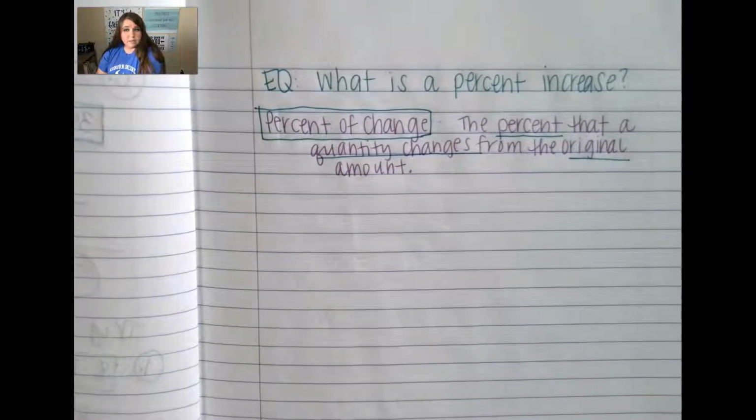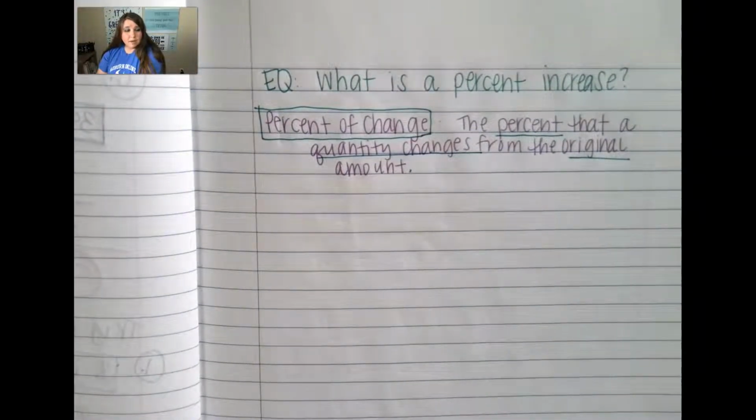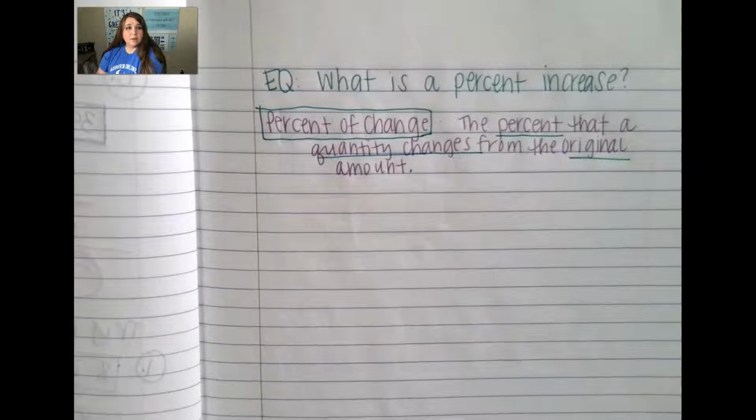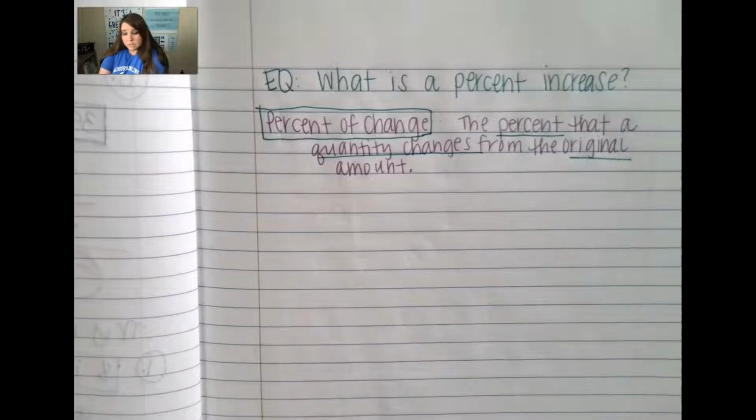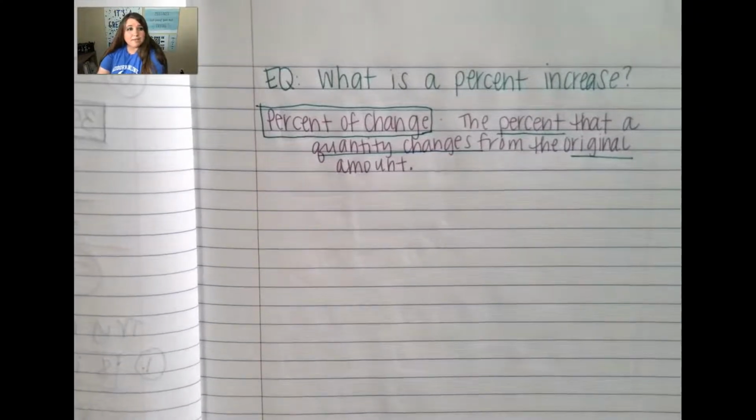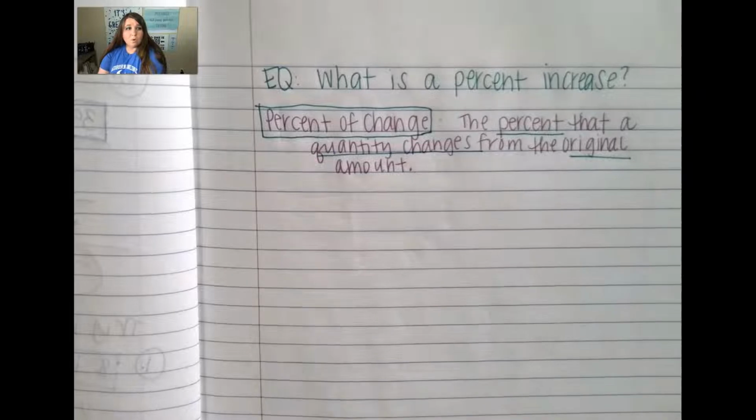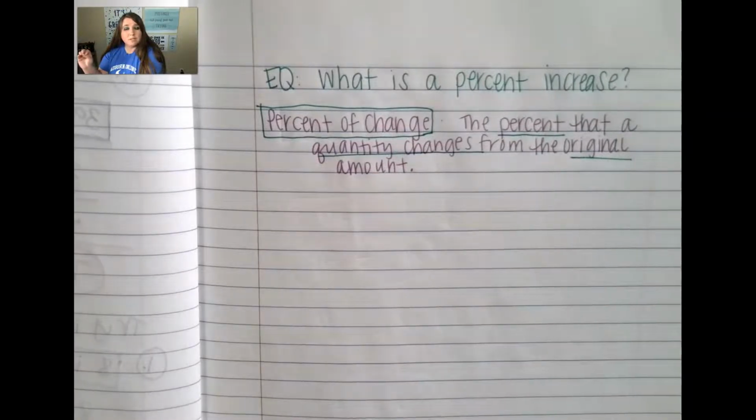All right, so let's talk about an increase. When we're increasing, the amount is going up. Okay, so when we increase something, a percent increase means that our amount is increasing, or the original amount is changing by getting bigger.